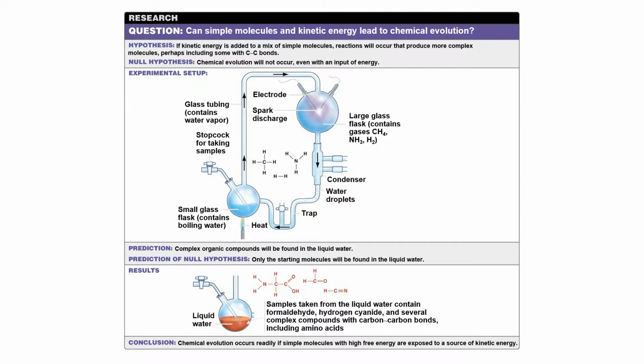What we have here is Stanley Miller trying to synthesize organic molecules from inorganic molecules. He's trying to simulate Earth's early atmosphere, when the Earth was very, very young. As opposed to today, oxygen wasn't very readily available in the atmosphere.